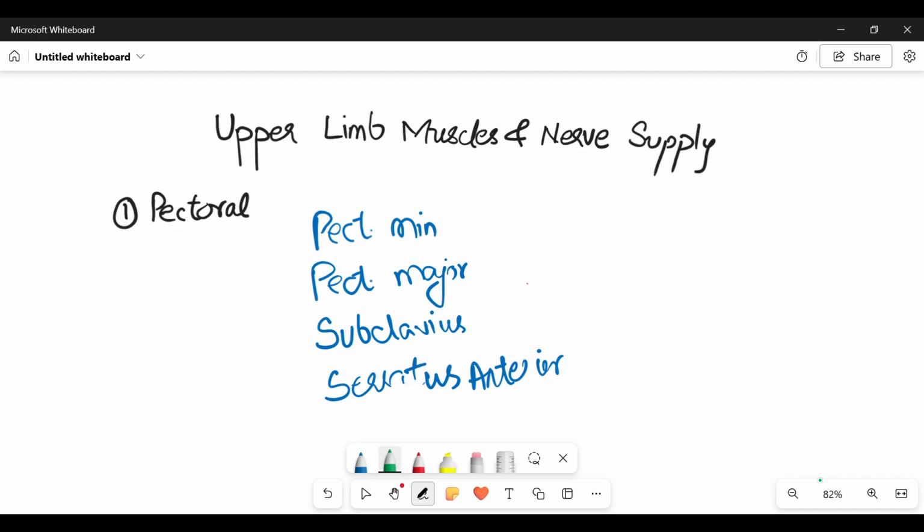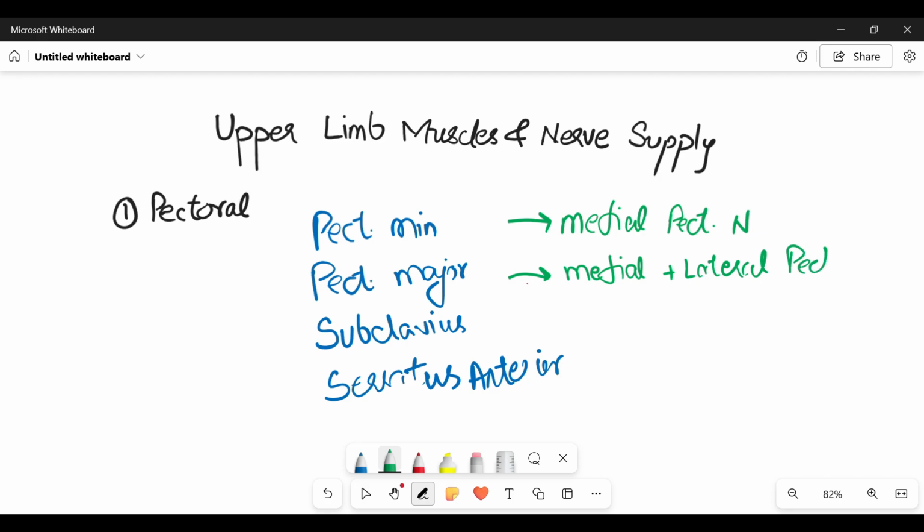Pectoralis minor is supplied by the medial pectoral nerve. Pectoralis major is supplied by the medial as well as the lateral pectoral nerve.